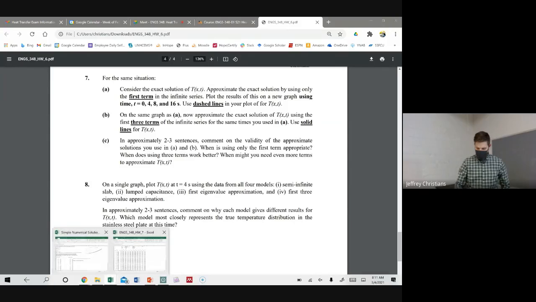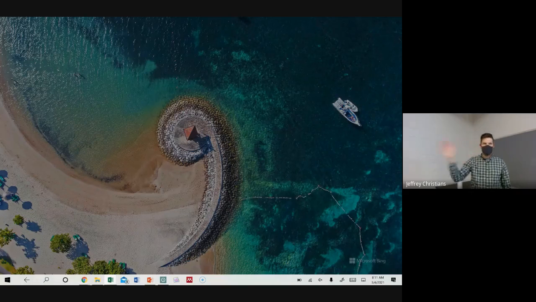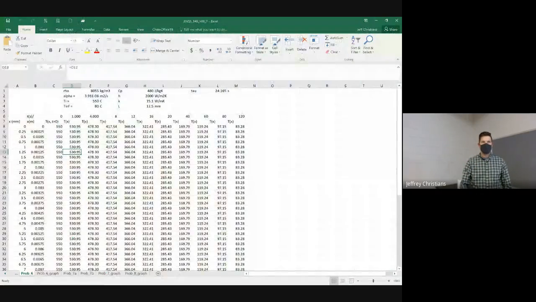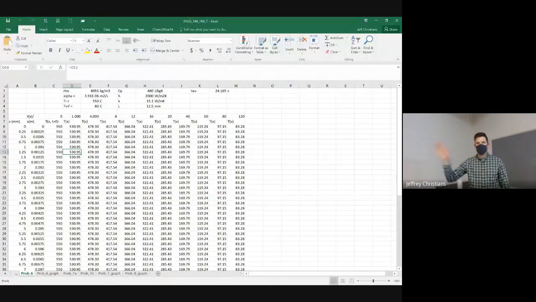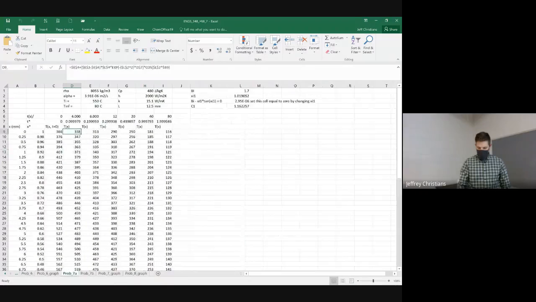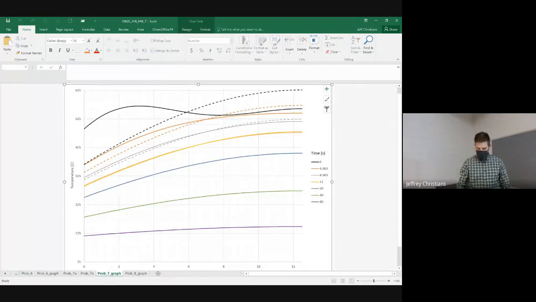I just did it in a single Excel spreadsheet so I could copy and paste stuff over, because all of the constants and a lot of the setup of the spreadsheet copy from one problem to another. It's just the exact model that changes. So I have a whole bunch of different spreadsheets with different models. And here's problem 8.